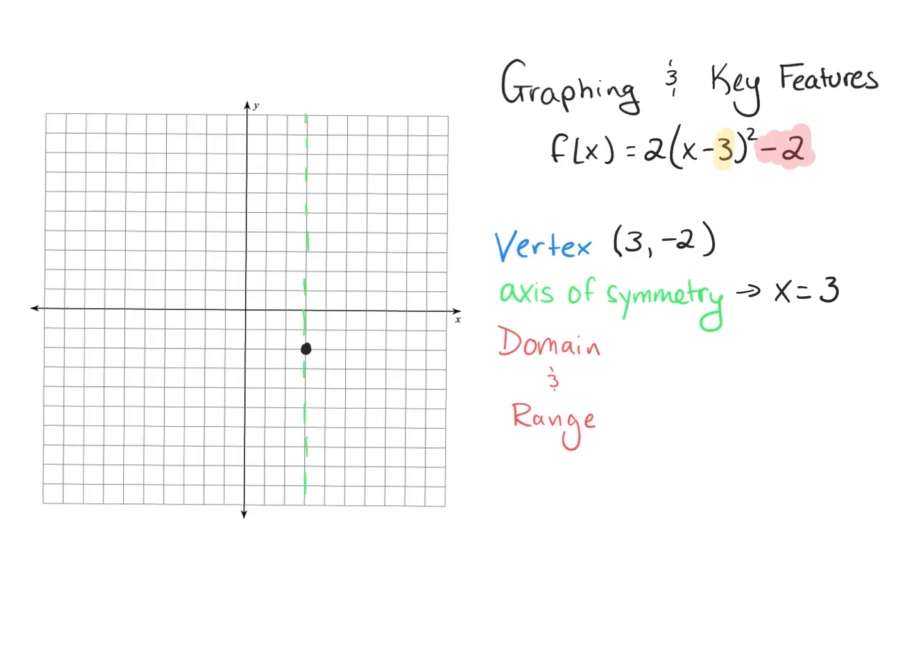So, for example, knowing that my vertex is at 3, -2, why don't we plug in the number 2 and see what point we get?